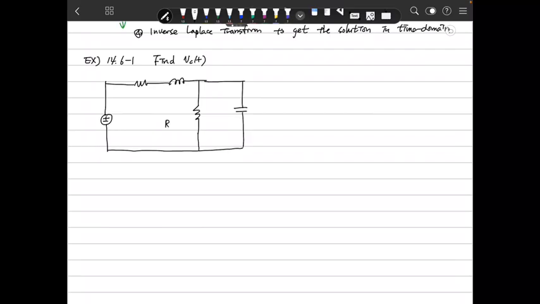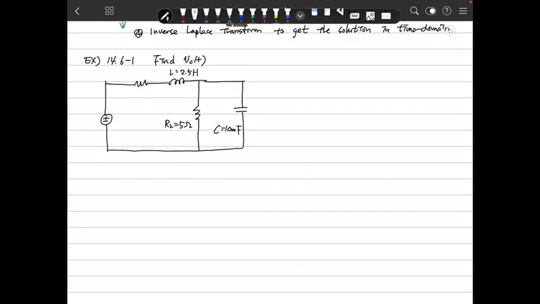This R2 is 5 ohm, C is 10 millifarad, and L is 2.5 henry. It's quite a big inductance.